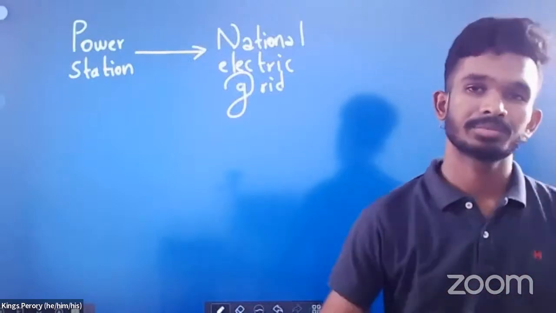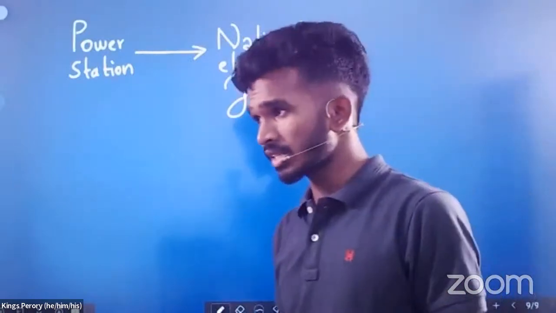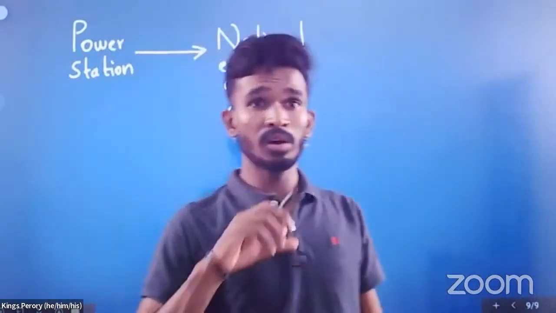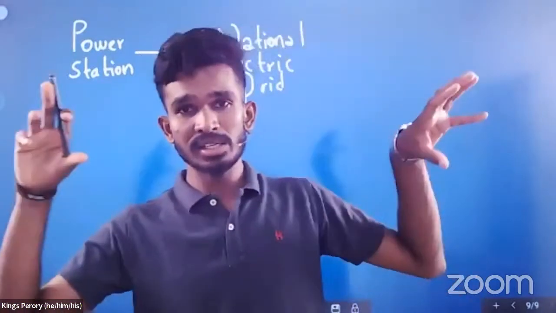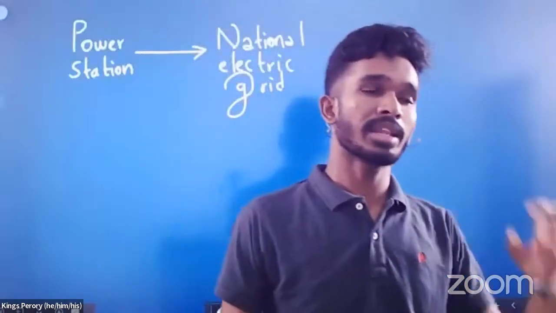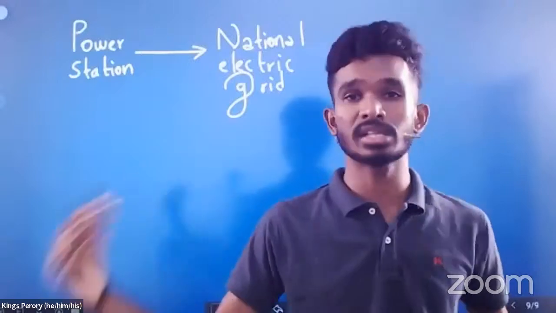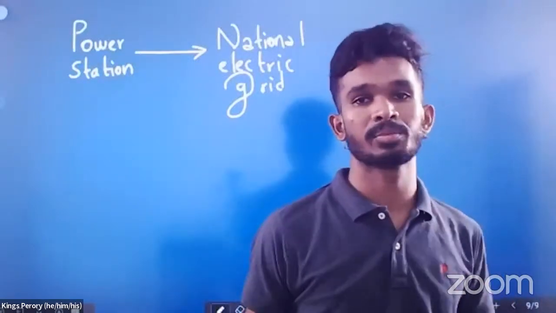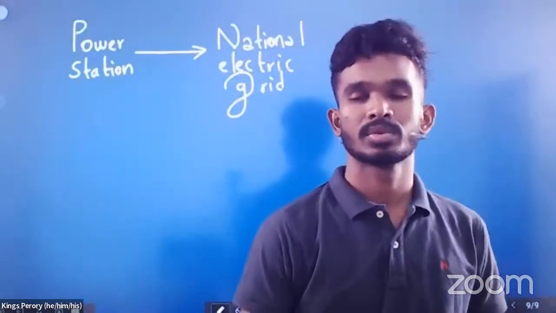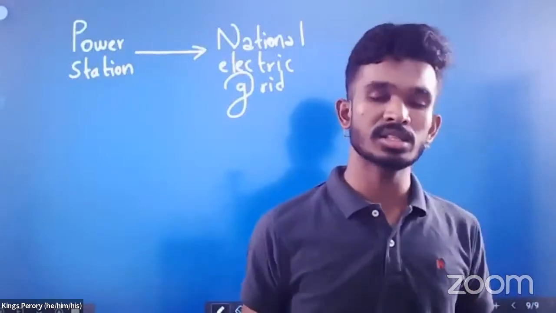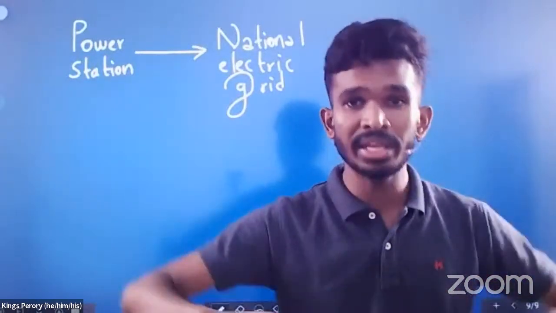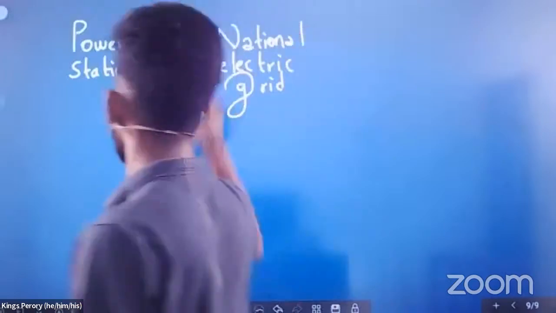What will the National Electric Grid do? It decides that in regions of Sri Lanka where demand is high, supply should be high, and where demand is less, supply should be less. Colombo's electricity demand is high, so supply also should be high. Depending on the regions, they decide and supply electricity.